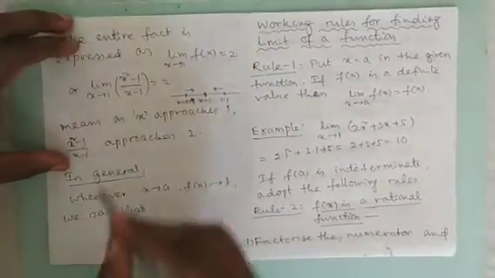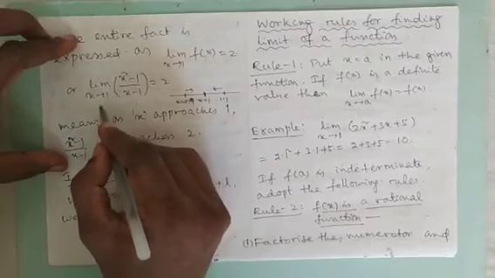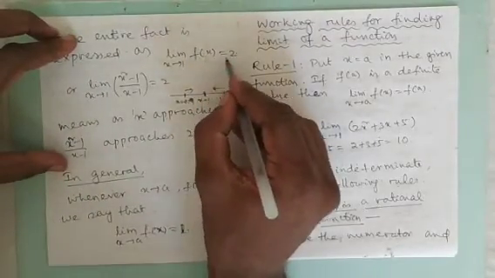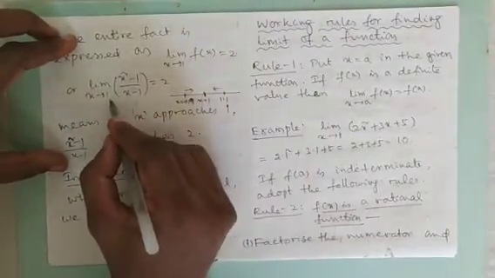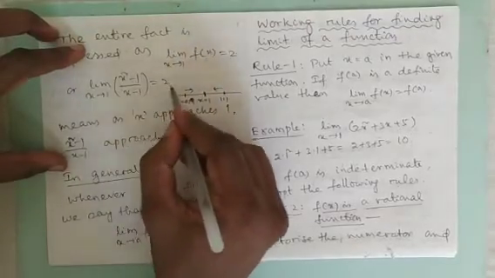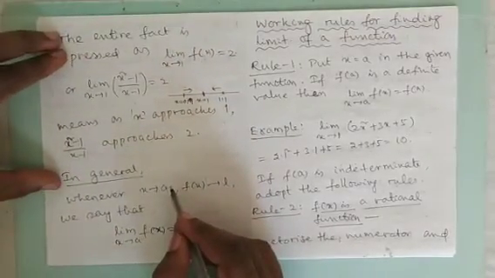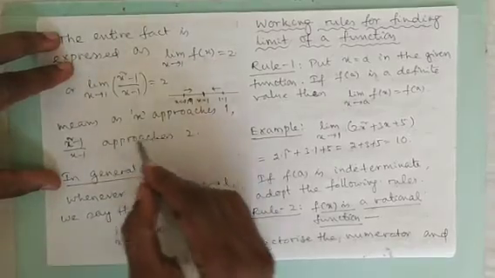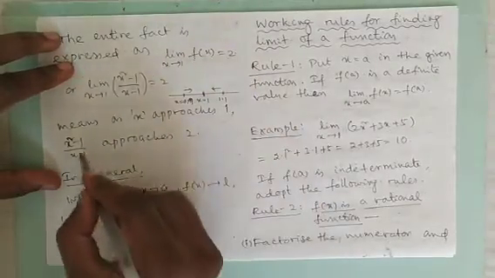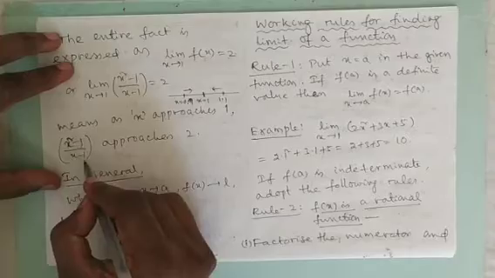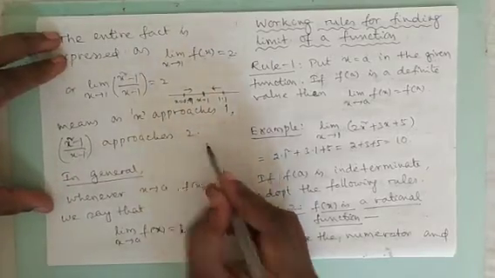And this entire fact is combined in this form: limit x tends to 1 of f(x) is equal to 2, or limit x tends to 1 of (x squared minus 1) by (x minus 1) equal to 2. So what is the meaning of this? It means as x approaches 1, the given function (x squared minus 1) by (x minus 1) approaches 2.